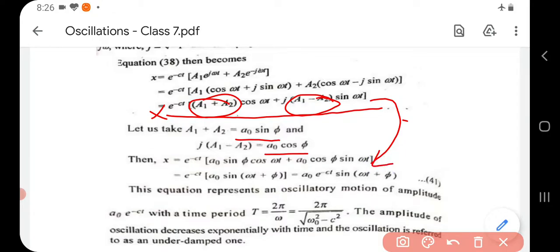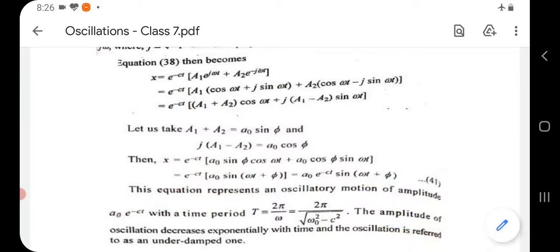Okay, that is x equal to e raised to minus ct is kept as such, and a0 is a common factor, taken outside. Sin a cos b plus cos a sin b. Here your a is phi and b is omega t, that is sin of omega t plus phi. Then a0 e raised to minus ct is there, then sin omega t plus phi is kept as it is.